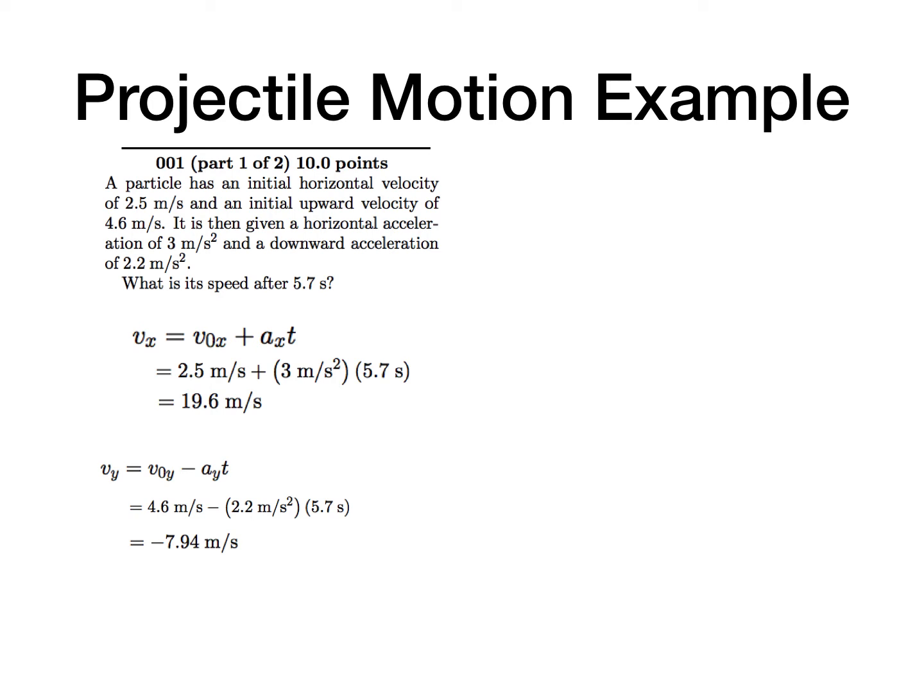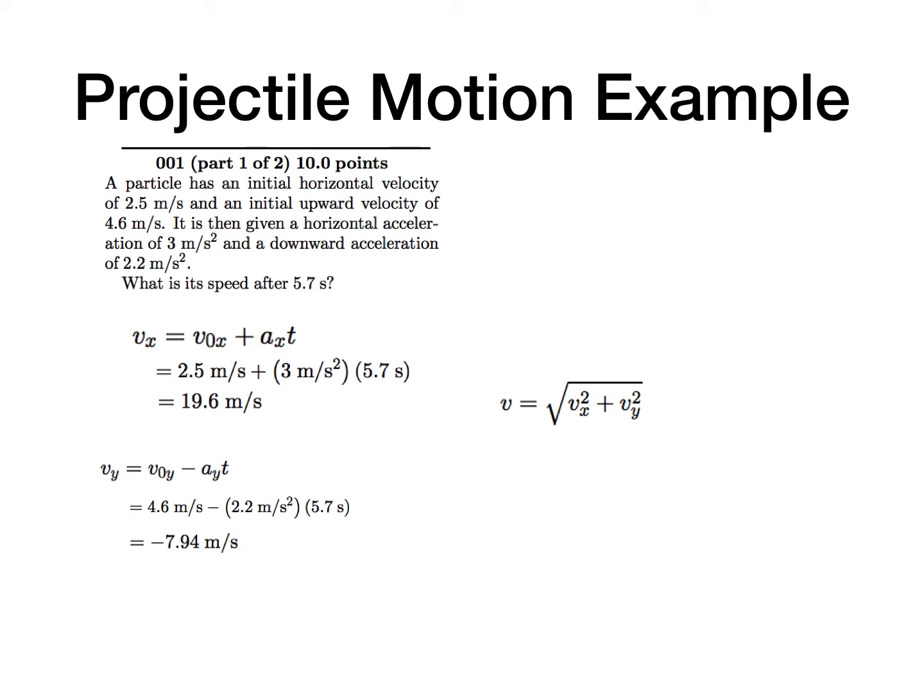We now will put these two equations together and find what the overall speed was after 5.7 seconds. The equation that we need is the square root of the velocity in the x direction squared plus the velocity in the y direction squared.